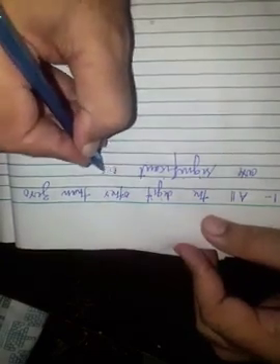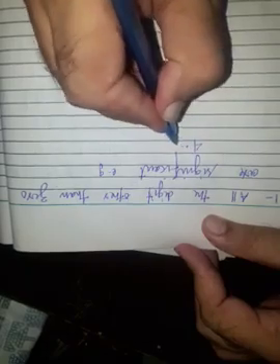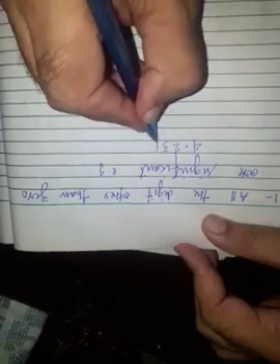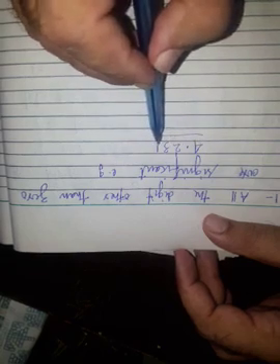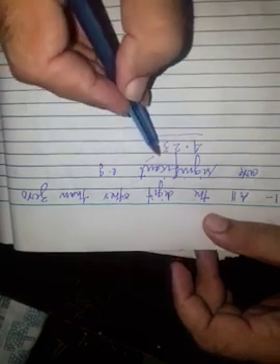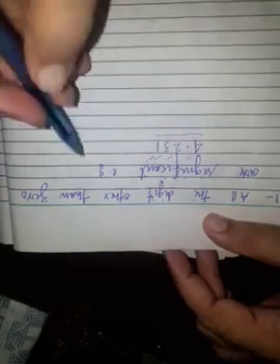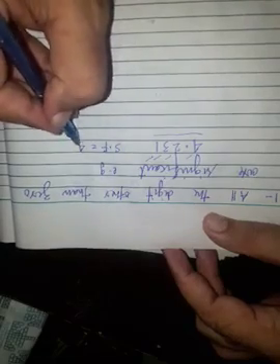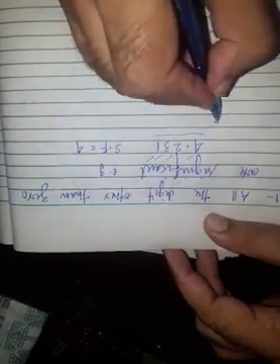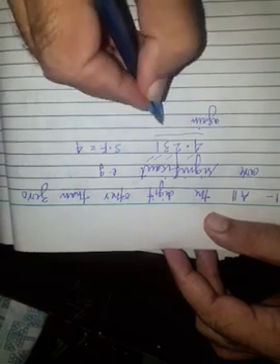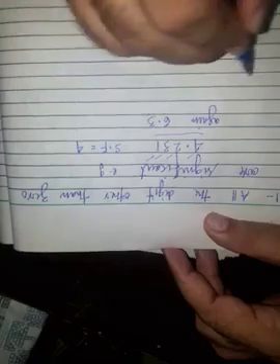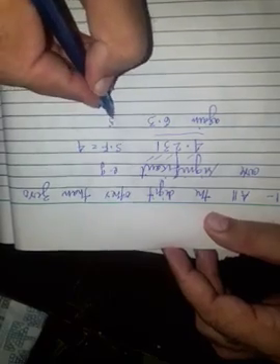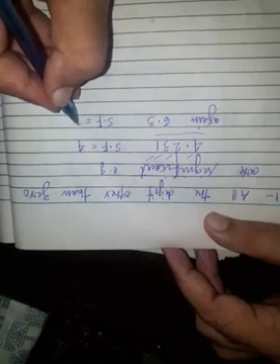For example, 4.231. Now look, we have 4 digits and all of them are non-zero digits. That is 1, 3, 2 and 4. So the number of significant figures is 4. Again, 6.3. Again we don't have any 0, so they are all significant. Significant figures are 2.